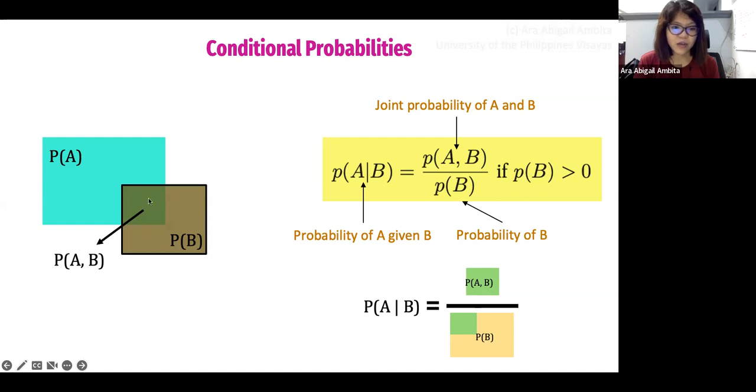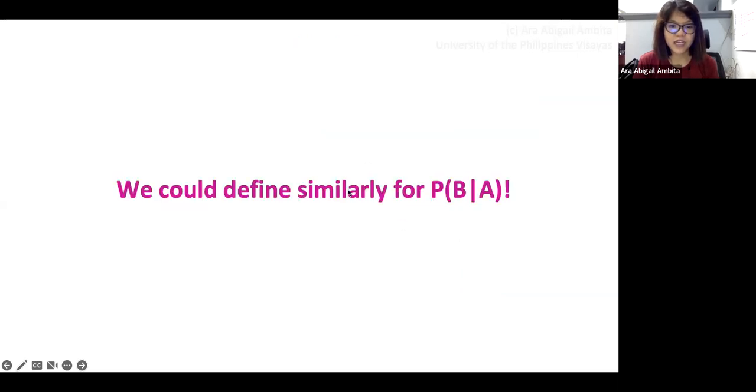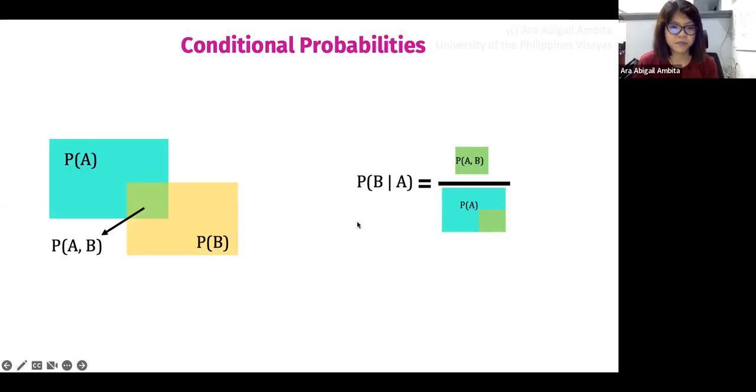This is the part where both A and B are occurring. So what will be the probability of A given this whole probability of B, given that B has occurred? We essentially take the joint probability of A and B divided by the marginal probability of B.